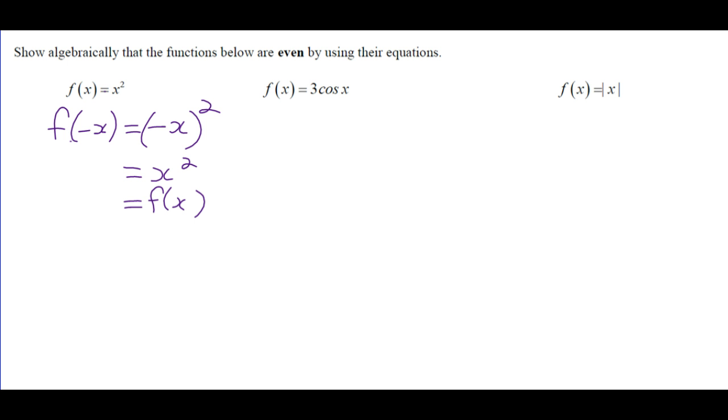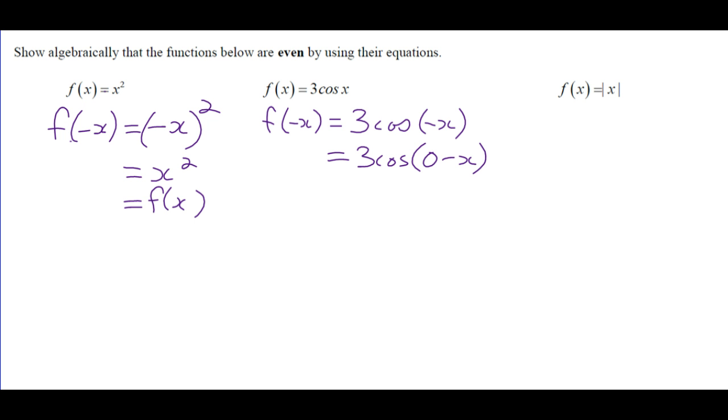So f of x is 3 cos x. What's f of -x? It's 3 cos of -x. Now we have to do a little bit of playing with this one. Another way to write -x is 0 minus x.